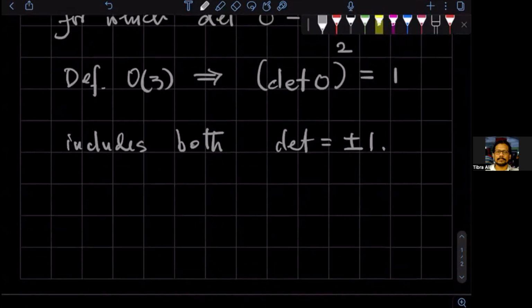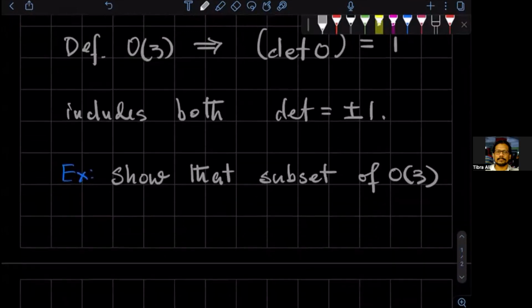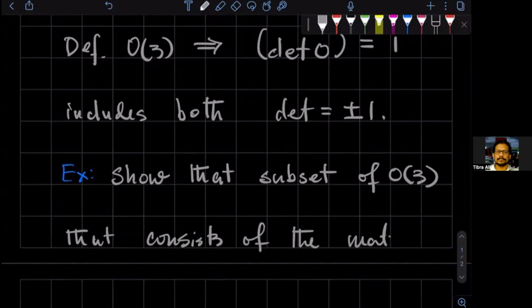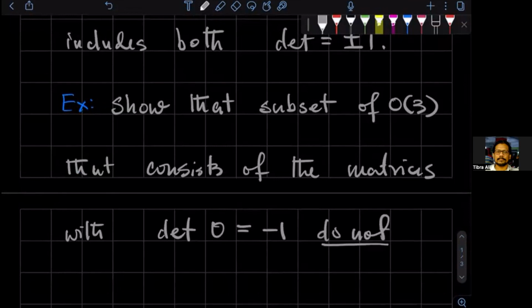All right. So as an exercise, I would like to give you something to do, which is, show that the subset of O3 that consists of the matrices with determinant -1 do not form a group.